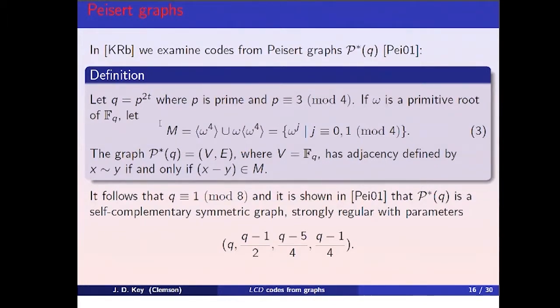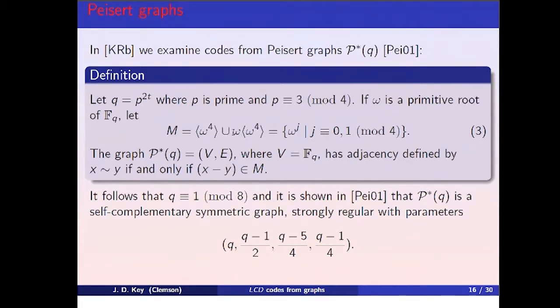Omega is a primitive root, and you're taking omega to the 4. This is the group generated by omega to the 4. 4 divides Q minus 1. You can check that out.